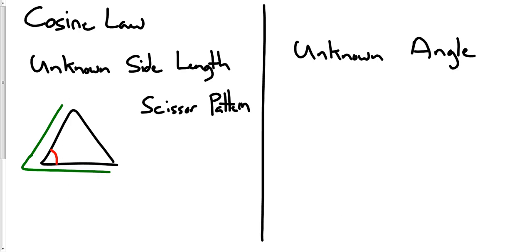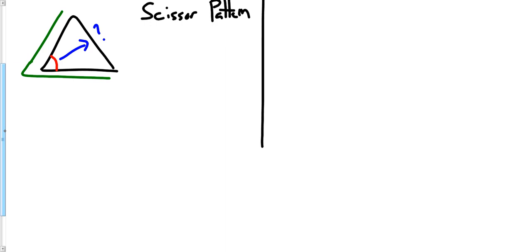If you literally take your fingers and do a scissor, like you would with paper, rock, scissors, around the angle, you've got the angle and two side lengths, you can use that to figure out this unknown side here. That is going to be your scissor pattern, and you can rotate your fingers around in order to find the scissor pattern for cosine law.